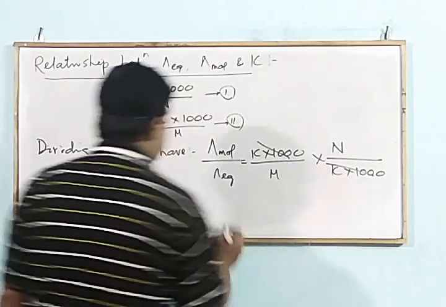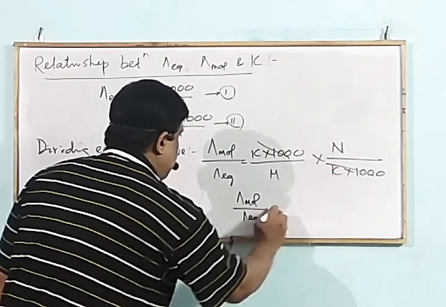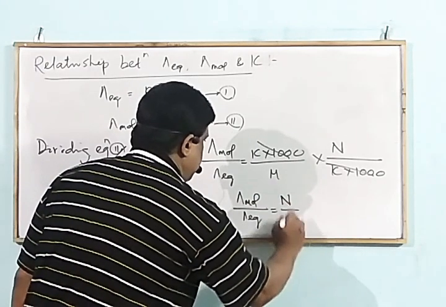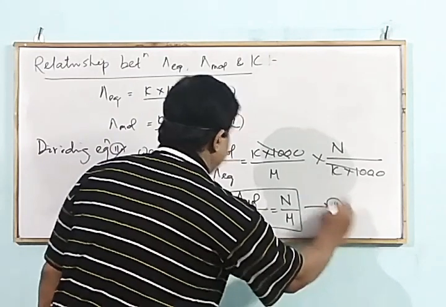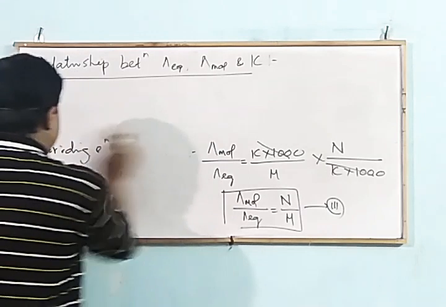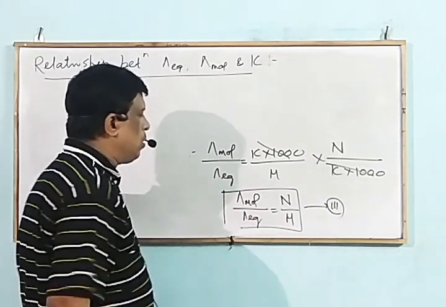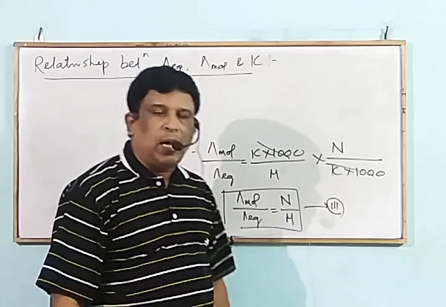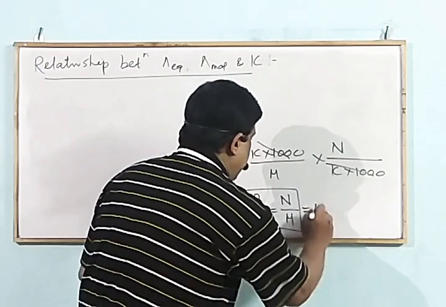Cancel out. That means molar conductance by equivalent conductance is equal to normality by molarity. Very important one. Molar conductance by equivalent conductance is equal to normality by molarity, and is also equal to n.